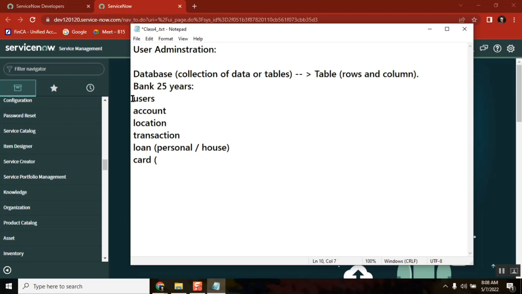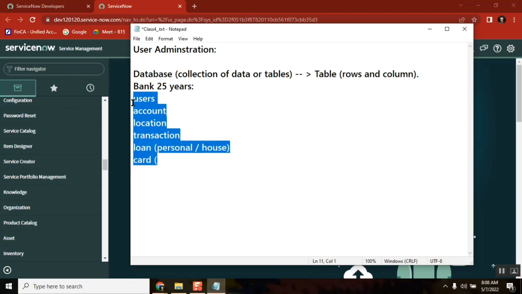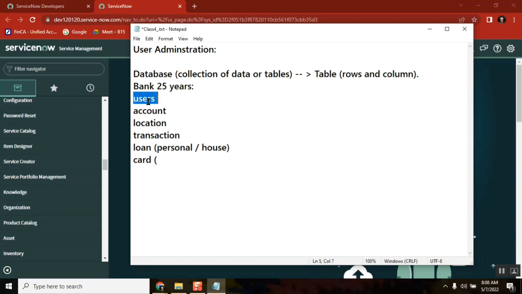So if you start seeing the things, everything is the data, right? They have to store it somewhere so that you can see the data in future, or if you can analyze the data, you can retrieve the data, right? Analyze again, right? So this is the data. Make sense? Yes, sir.